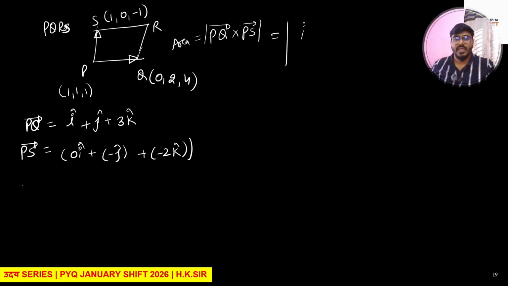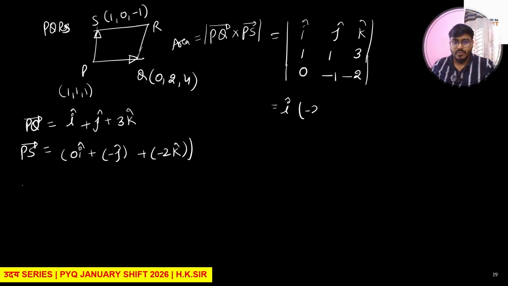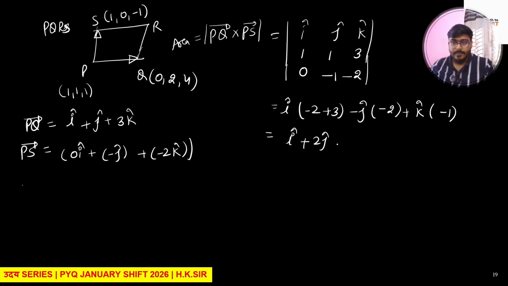I can write here i cap, j cap, k cap; here it is minus 1, 1, 3; here it is 0, minus 1, minus 2. Okay. Now open this determinant. i cap (minus 2 plus 3), minus j cap (minus 2), plus k cap (1). So that is i cap plus 2 j cap plus k cap. So this is PQ cross PS.